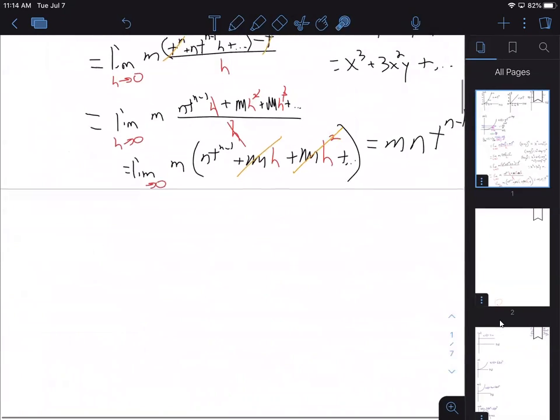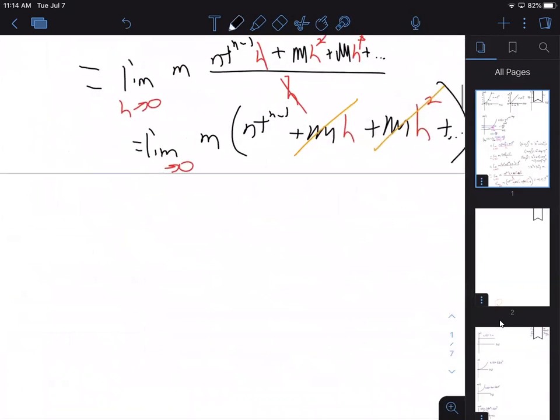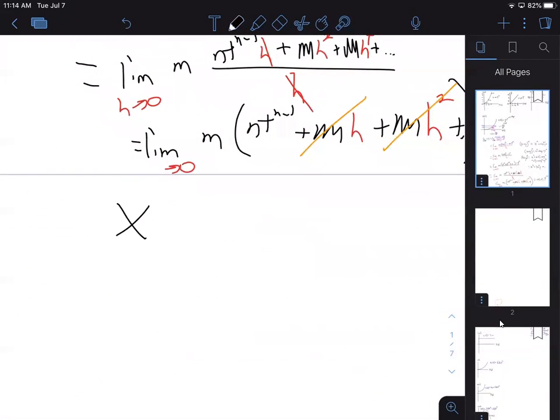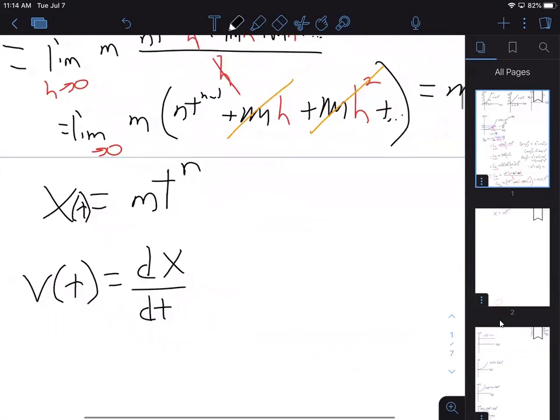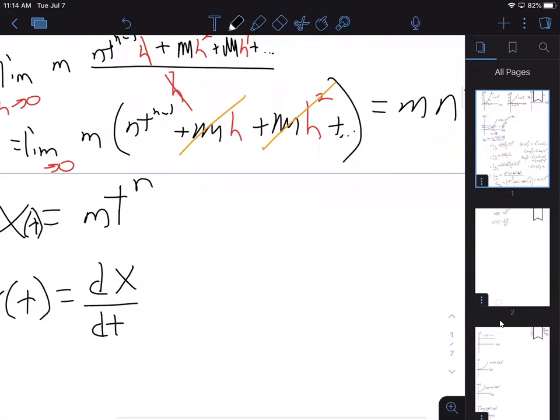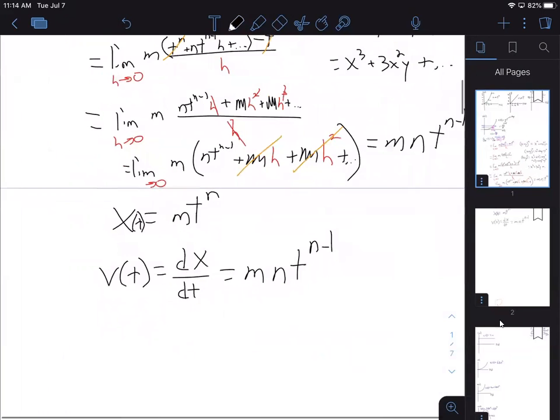So let's just write those next to each other just so we don't get lost. We had m t to the n. And it turns out when we found the velocity, which is the derivative of position with respect to time, that's the process we did, it ended up being mn t to the n minus 1.